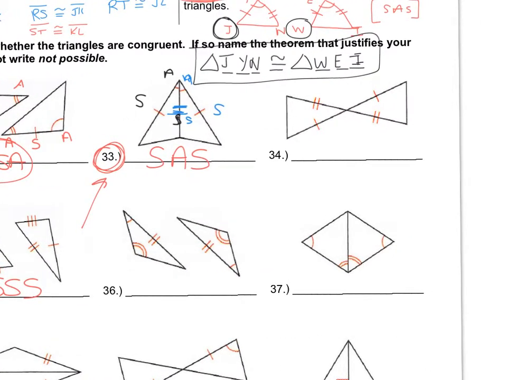It looks like for number 34, I can see we have matching sides, and we have a second set of matching sides. So I'm either going to need to find another side or another angle to add in. So if I add in these two angles here in the middle, and I think you know the reason, we have side, angle, side for this sketch.